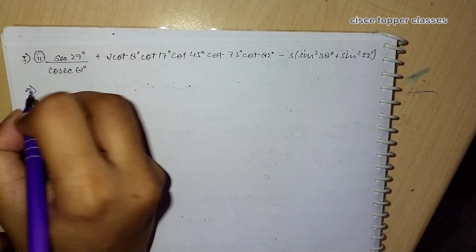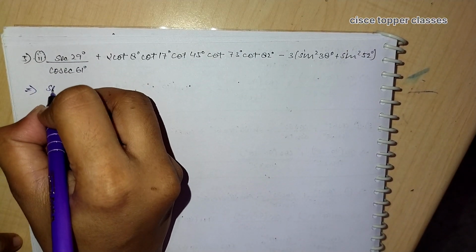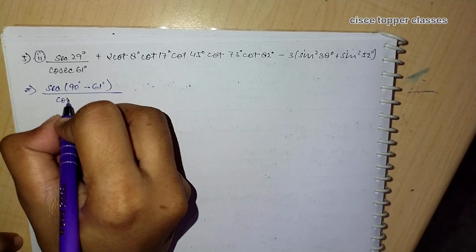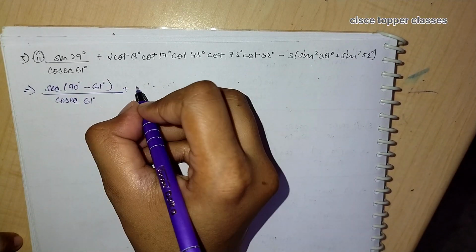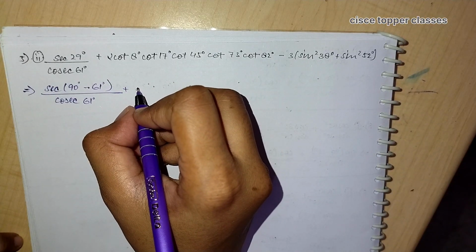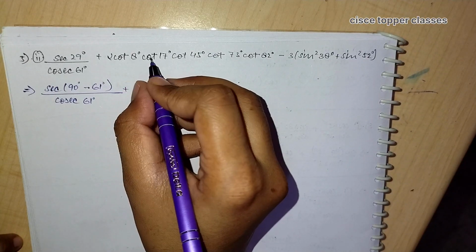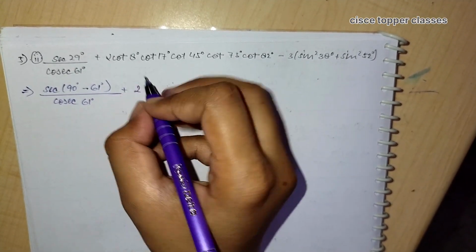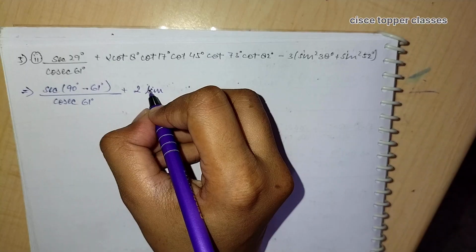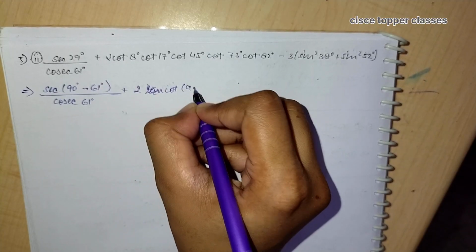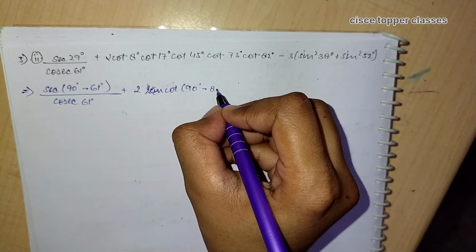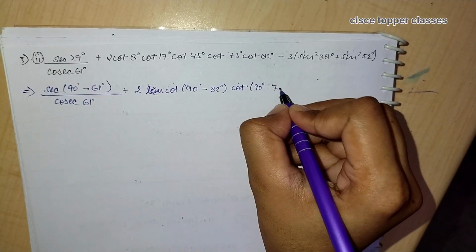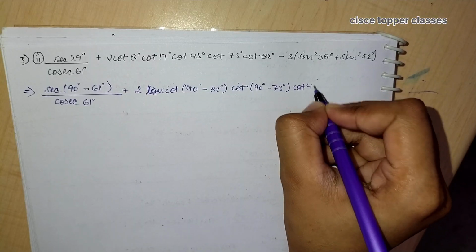Let us solve question number 5 second part. Sec 29 degree we can write sec(90 minus 61) divided by cosec 61 plus 2 cot 8 degree here. So this part we can write here cot 8 and cot 17. So this part we can write 2 cot 8 as, sorry this is cot only, cot(90 minus 82), and here cot(90 minus 73), cot 45 degree.